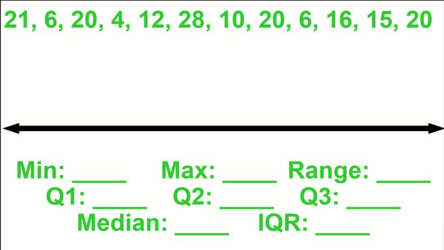We need answers to all 8 of those numbers. We need minimum, maximum, range, Q1, Q2, Q3, median, and interquartile range.